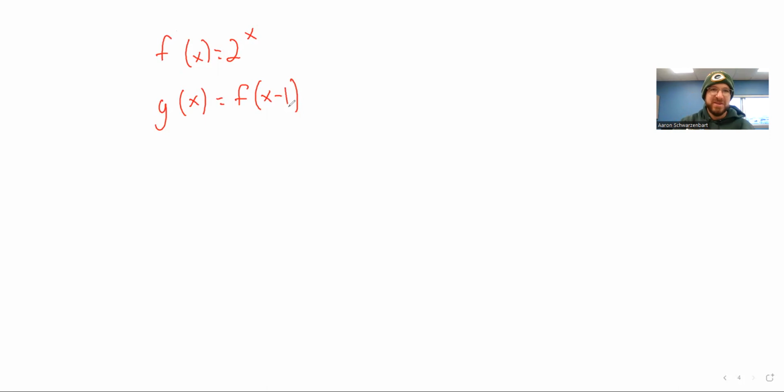So whenever I put something on the inside here, that means I'm shifting it right 1. When I plug it into equation form, so this is function form, equation form.